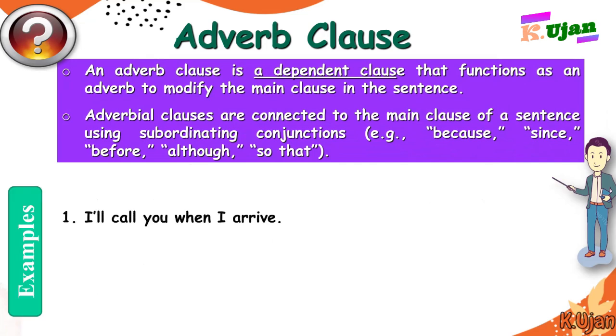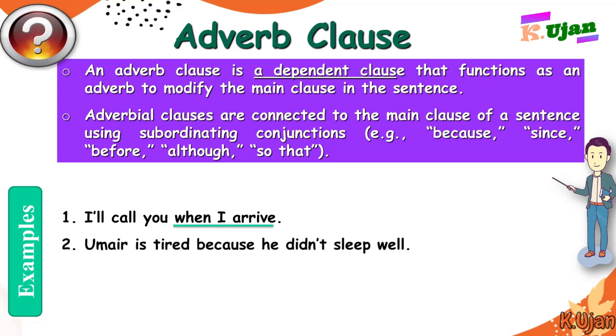So an adverb clause modifies the main clause and functions like an adverb. Like I'll call you when I arrive. So when I arrive gives meaning to the main clause, I'll call you, and this is a dependent clause that modifies the main clause, or is used as an adverb. So we must say this is an adverb clause.